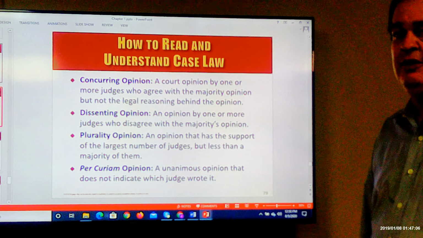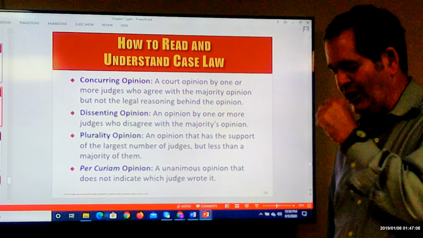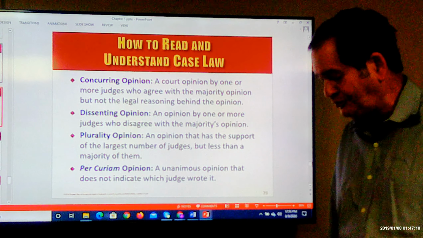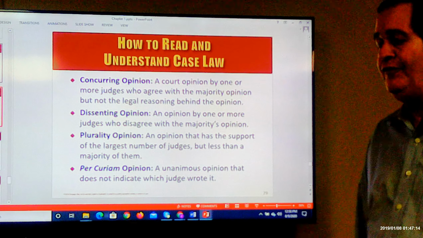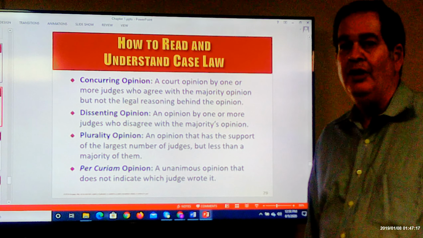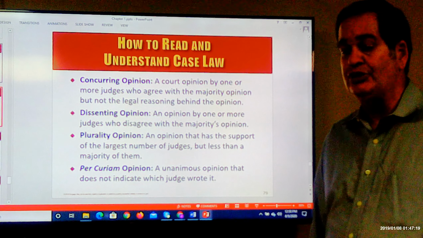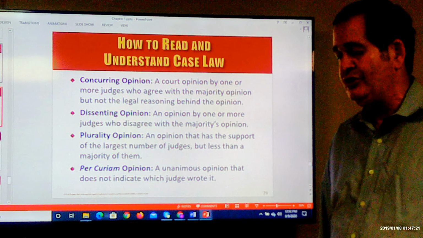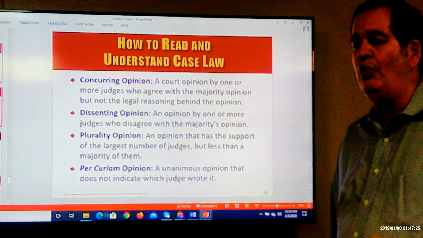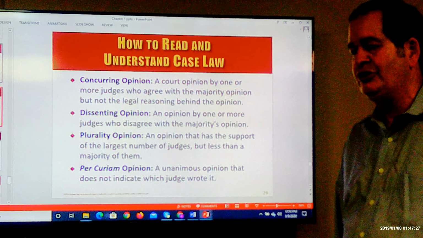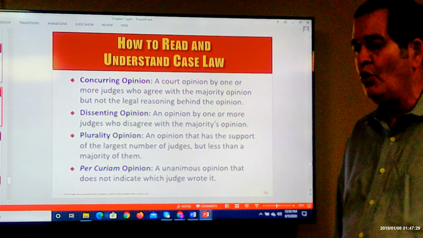Dissenting opinions can be important because at some time in the future they may become the majority because the court or the members of the court may change their mind. Also because oftentimes the dissenting opinion will point out the limitations of the majority opinion.